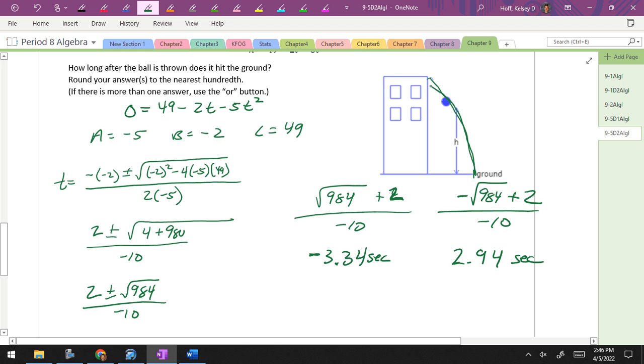Technically, if you would have taken that same parabola the other direction, it would have been in negative time. Well, is negative time an appropriate answer? There's no such thing as a negative time. So in this case, you have to decipher, do I give them both answers or only one? In this case, it will hit the ground at 2.94 seconds.